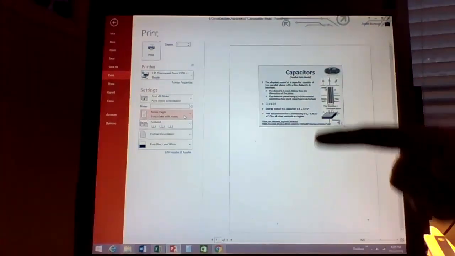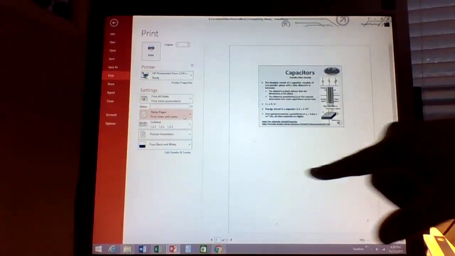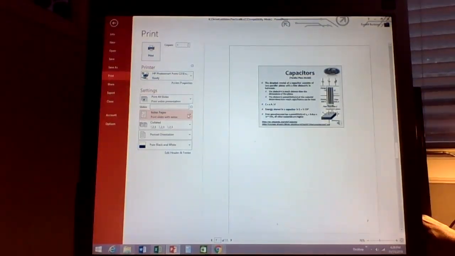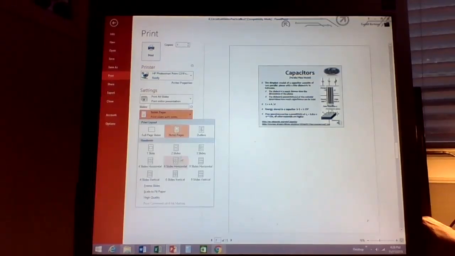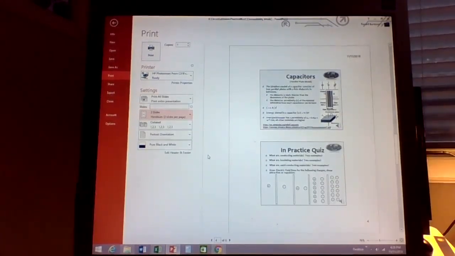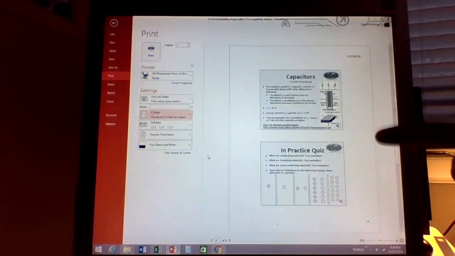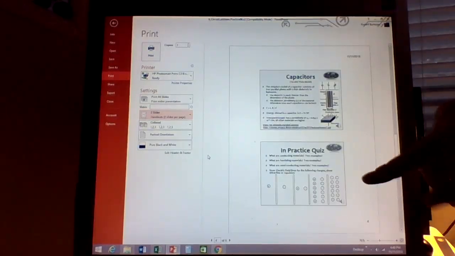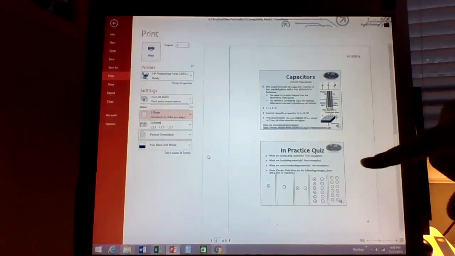So if you look here, if you print out with notes pages, you'll notice that it prints it out and you've got plenty of room to write your notes down here. But my personal favorite is to do 2 slides at a time. And then when I print on the front and back, I can get 4 slides per page. And then I just drop it in a sheet detector. And then if I want to draw over here, I can do that.